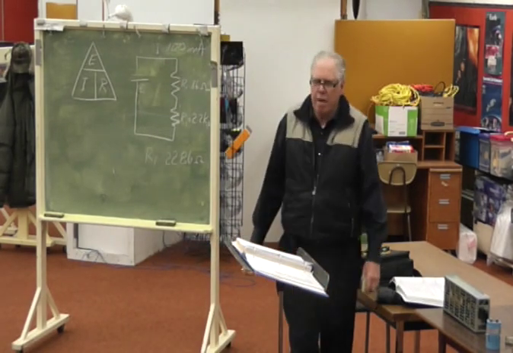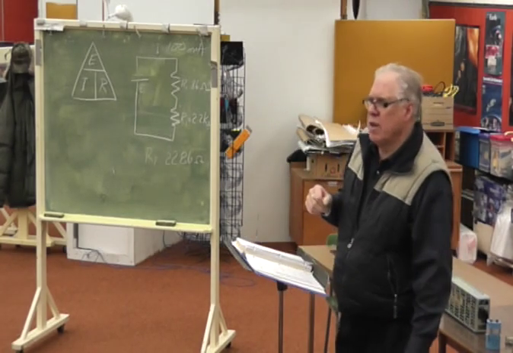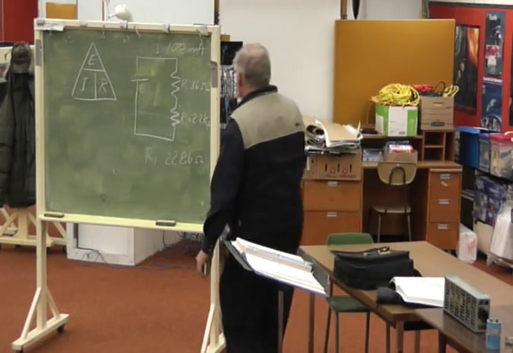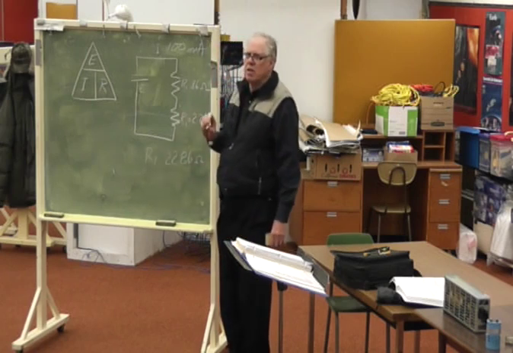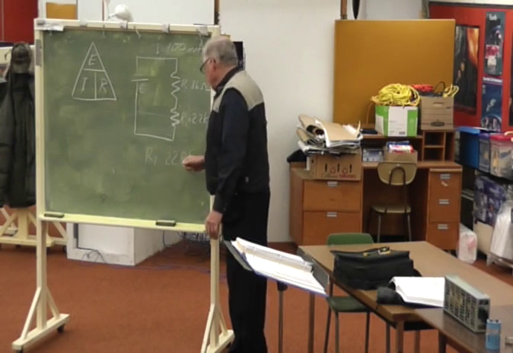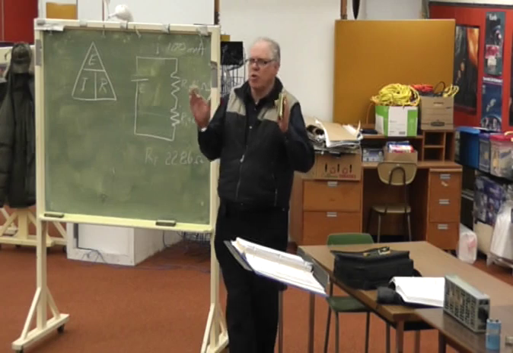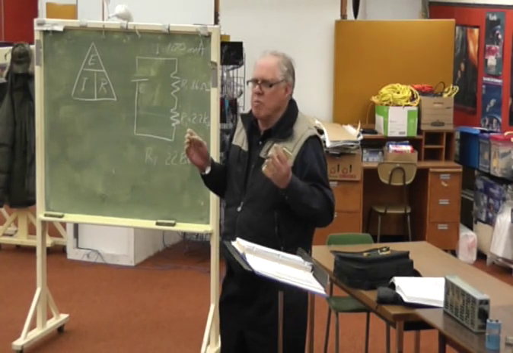Now, I'm kind of playing games with you a little bit here. Mathematically, that's exactly correct. In the real world, a resistance defined to 4 digits is not something we normally work with.